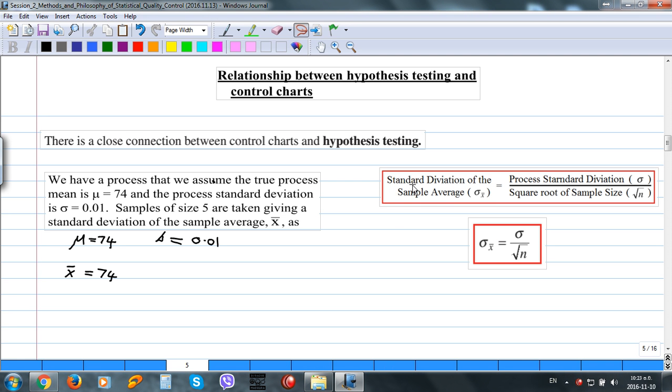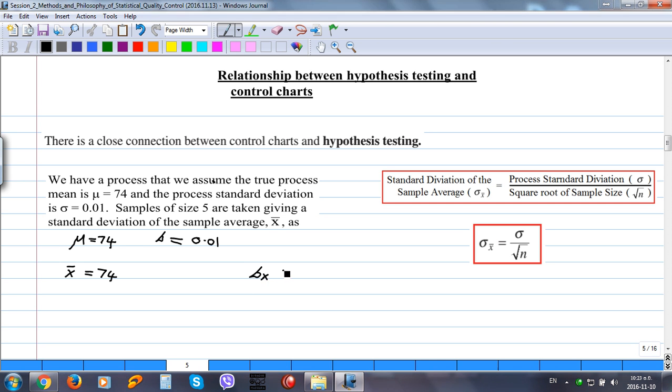Then we can find the standard deviation of the sample average using this equation: the process standard deviation sigma divided by the square root of the sample size. So we need to find sigma x bar using sigma over root n.